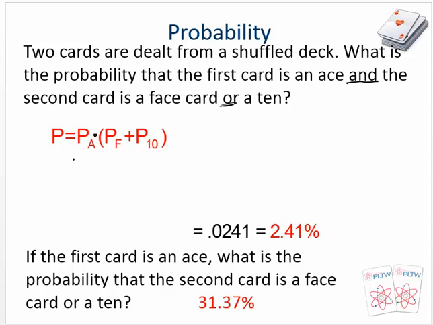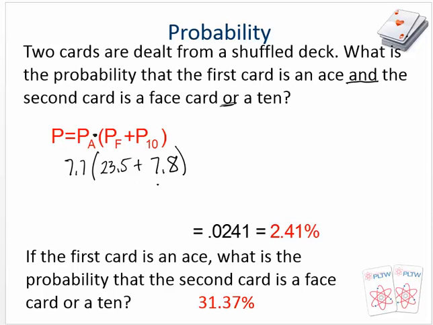I'm going to say approximately 7.7. The probability of the face card was about 23.5. Probability of a 10 was about 7.8. I'm off there a little bit, but I'm not going to flip back again.